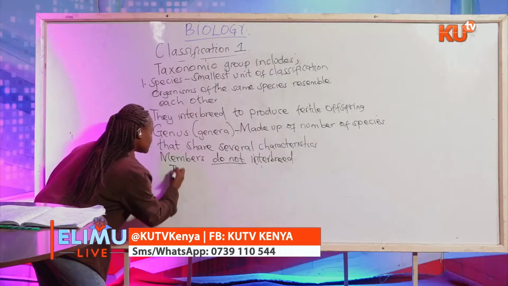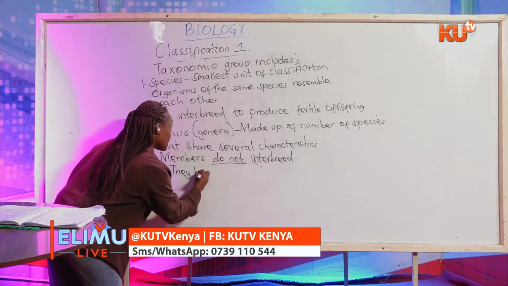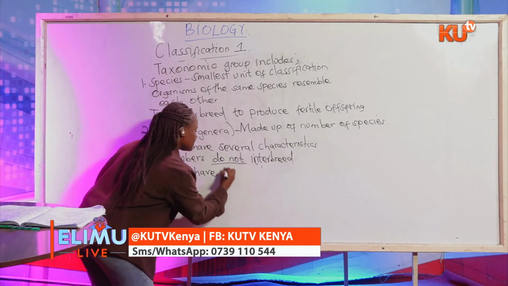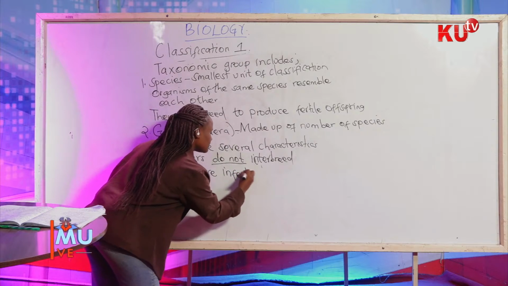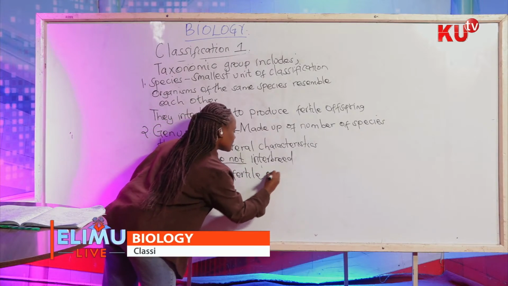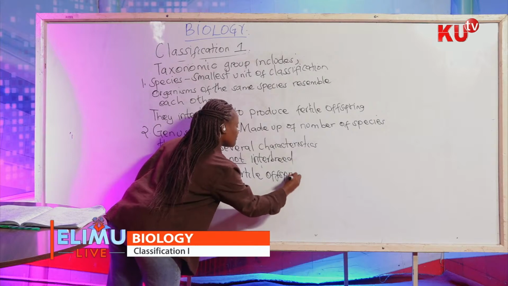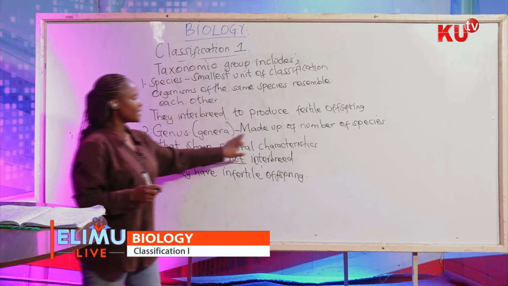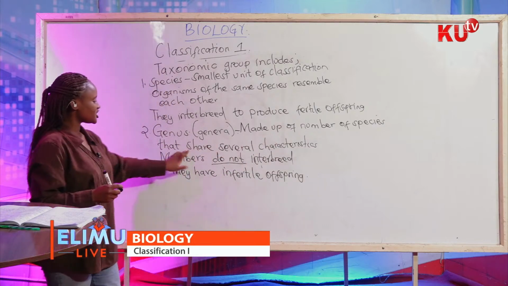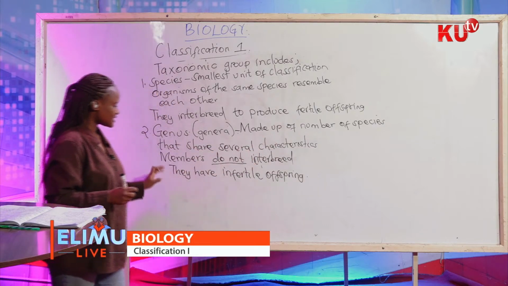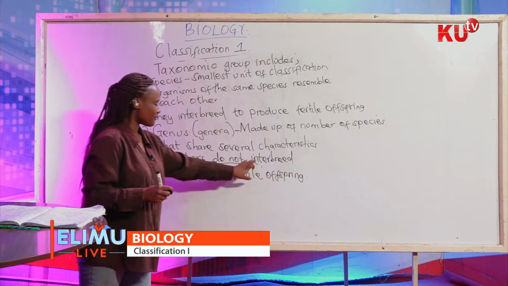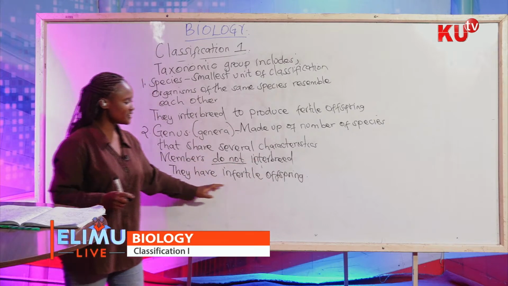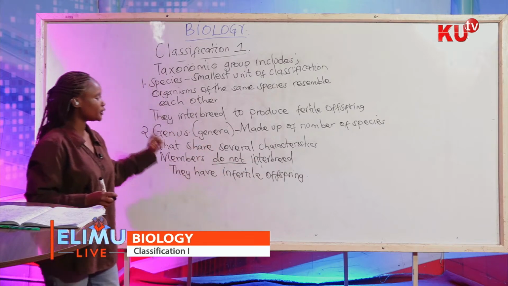So in genus, made up of a number of species that share several characteristics, members do not interbreed, and they have infertile offspring if they do interbreed.